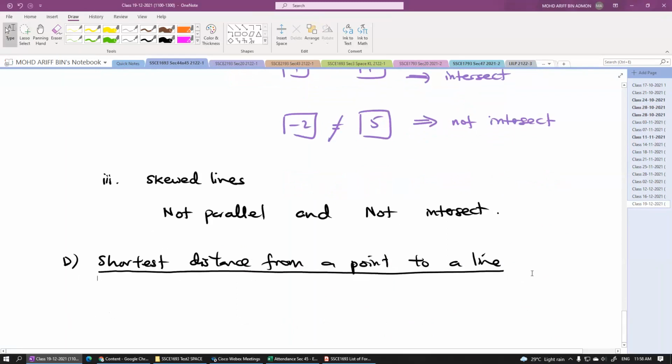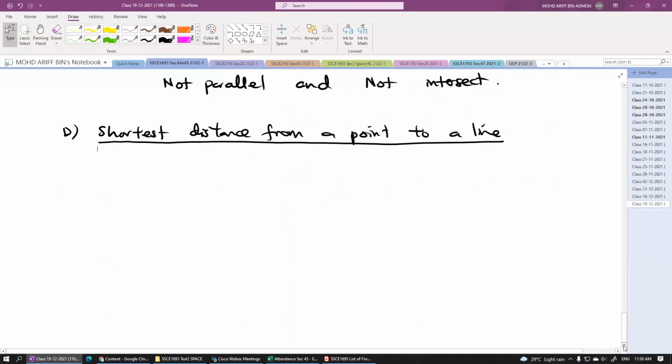When we are talking about shortest distance, let's say you are having this line. This is another point, for example, I'm using M, with known point x1, y1, z1. The shortest distance should be here, and it must be perpendicular.